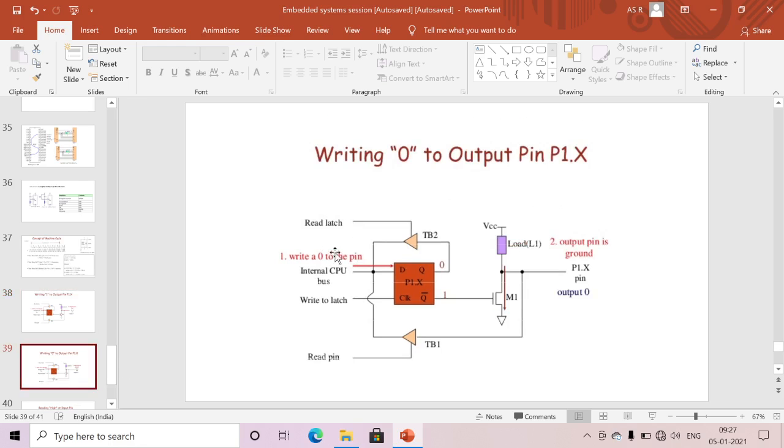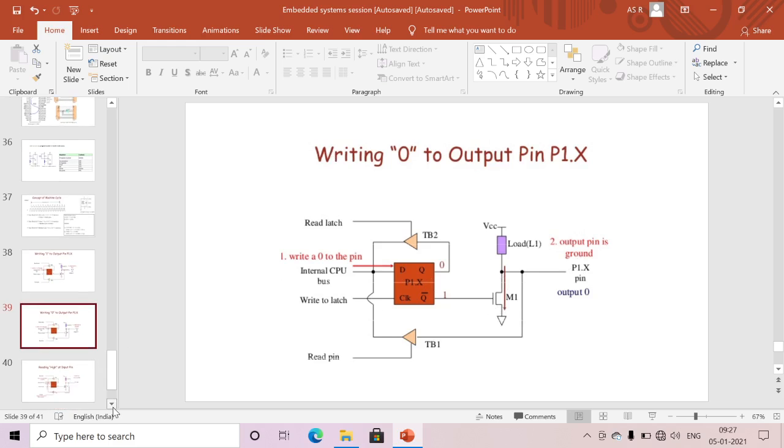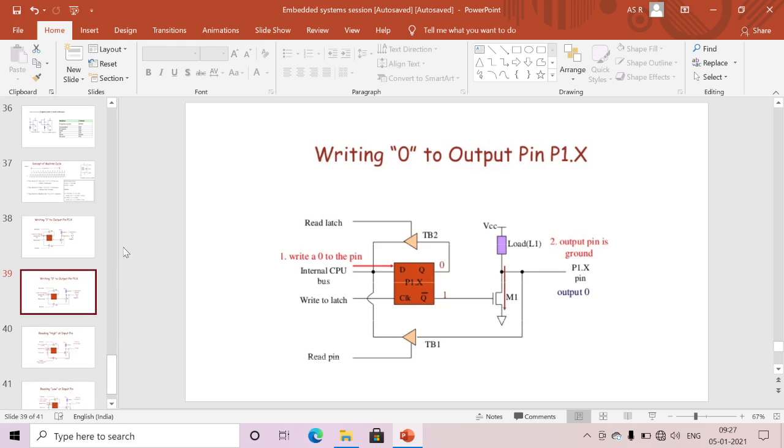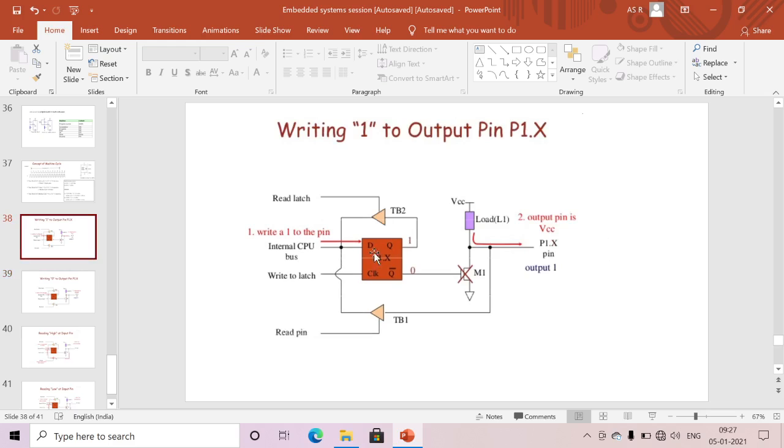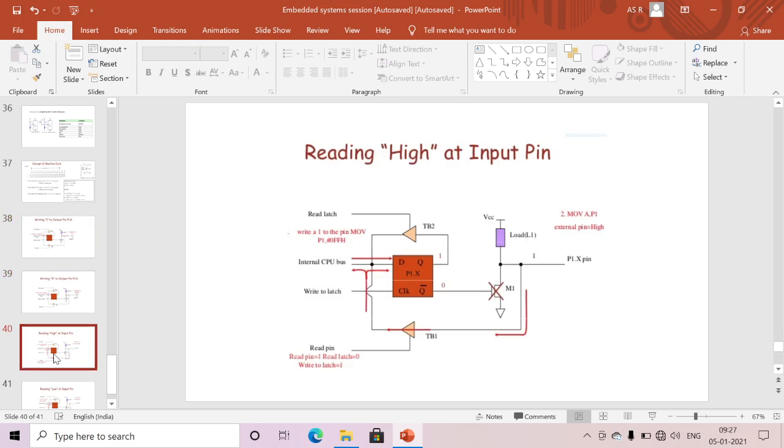Similarly, if I am writing 0, I will get the output voltage of 0 volts. This is connected to ground due to this logic circuitry. We need to understand in the next programming that if I am writing 0 to a particular pin, I will get 0 volts at that pin. If I am writing 1, I will get VCC.